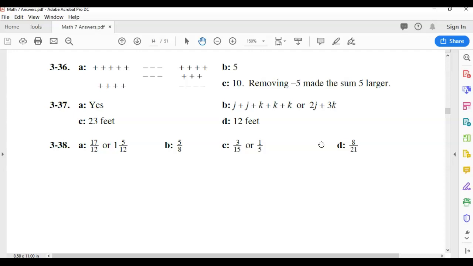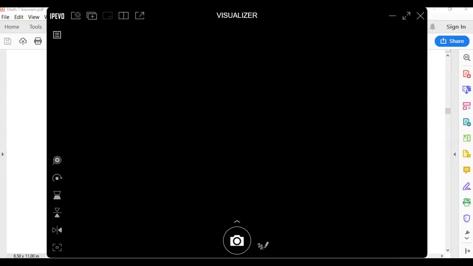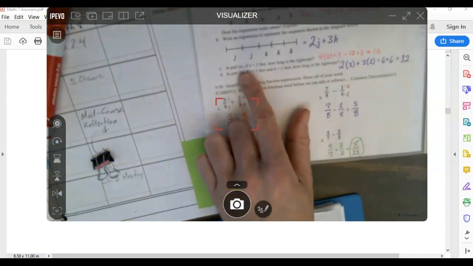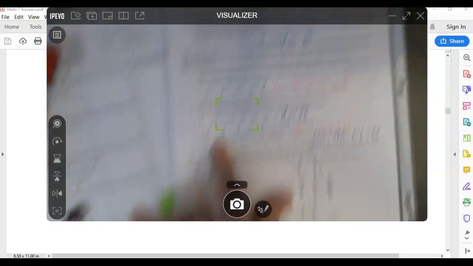Lindy? 337. I didn't get that. For C. Yeah. So my answer key, we check here, if from part A, oh, my camera's all goofed up.